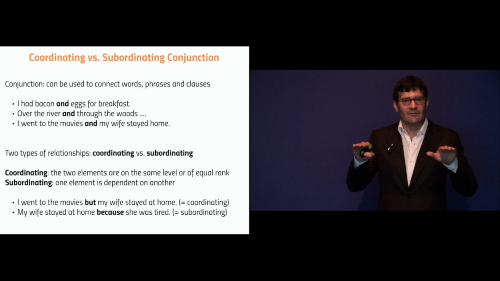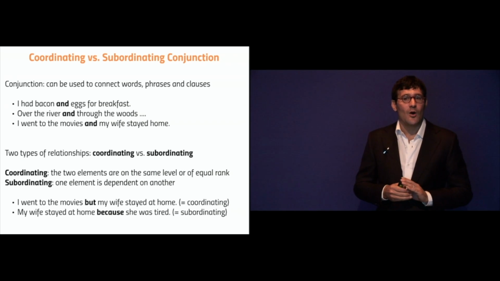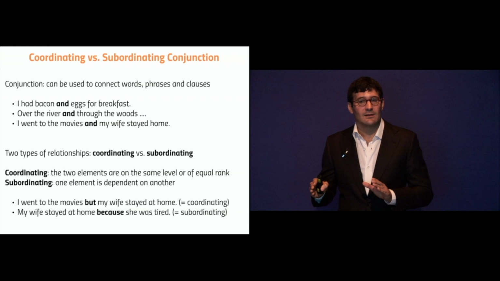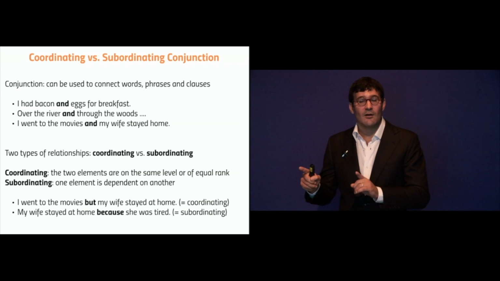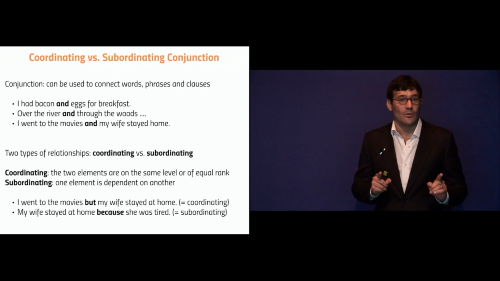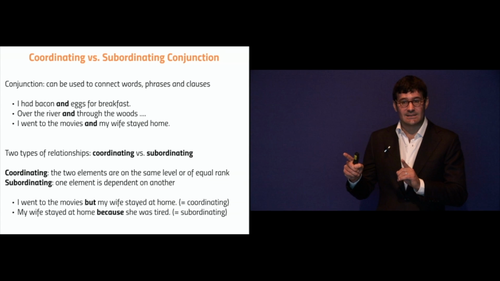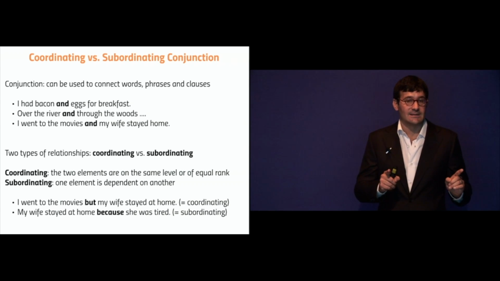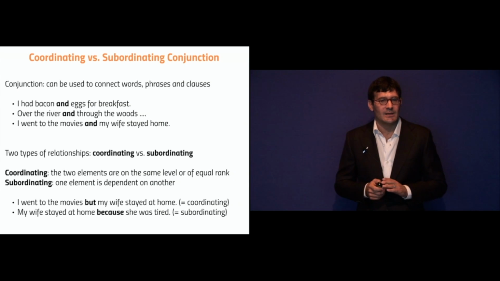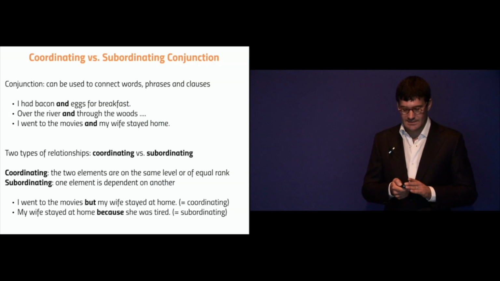So they're on the same level. My wife stayed at home because she was tired. That because signals a subordinating relationship. Namely, you're providing the reason for why your wife stayed at home. So that second part of the sentence, right, because she was tired, is dependent on the first part of the sentence. And we saw the same thing in the previous sentences.